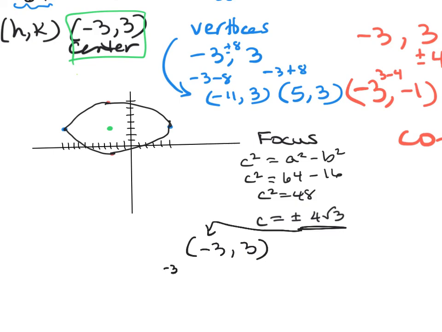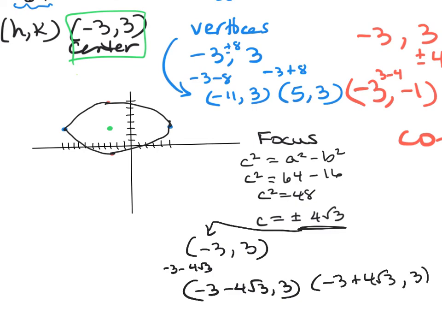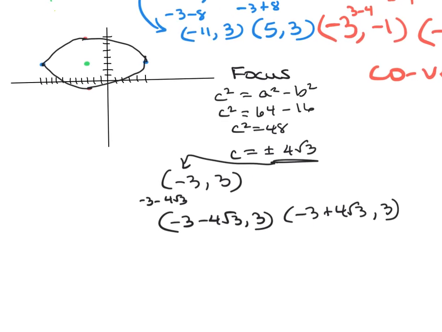So I'm going to be doing negative 3 minus 4 root 3, comma 3. I could leave it like that, because they don't have radicals. And then the other one would be negative 3 plus 4 radical 3, comma 3. Now, again, we could approximate this.